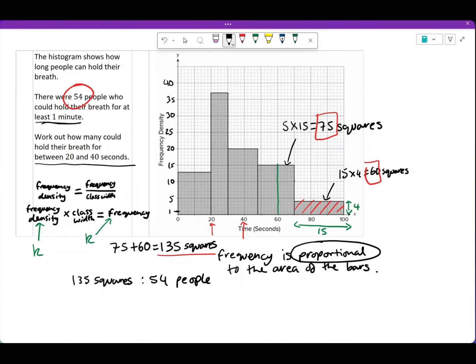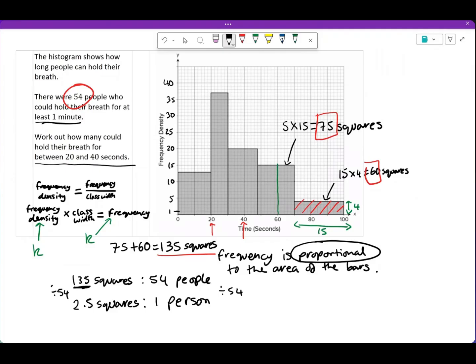Because if I know how much represents one person, I've essentially got a key for my histogram. So to get that, I need to divide by 54 on both sides of my ratio. Then I'm going to get one person on the right-hand side, which is what I'm trying to find. And to figure out how many squares represents them, I need to do 135 divided by 54. And that gives me an answer of 2.5 squares. Therefore, every 2.5 little squares on my histogram represents one person.